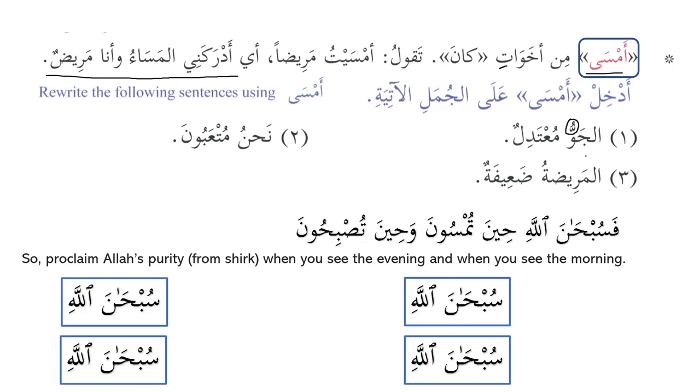So amsal jawu. What about mu'tadil? Shouldn't it be mu'tadilan? Yes, perfect. Because ismu amsa or ismu kana will be marfu' and khabaru amsa will be mansub. Excellent. Okay. نحن متعبون. We are tired. Una, ina. I can give you the hint.